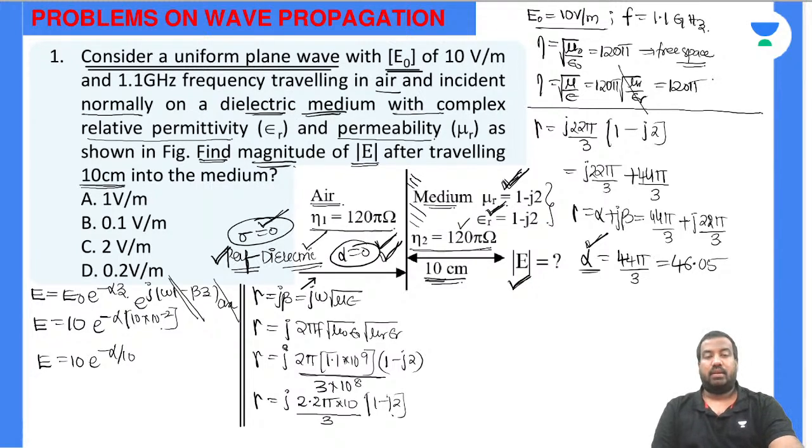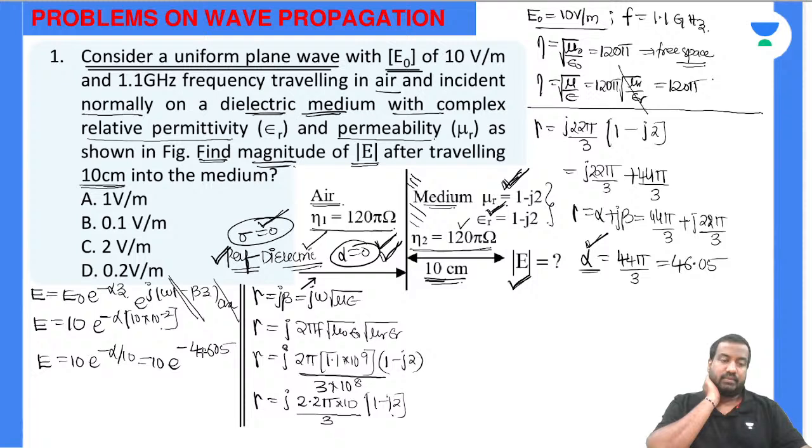Substituting alpha value as 46.05, this is 10 times e power minus 46.05 by 10, which is minus 4.605. Calculate and tell me. 10 into e power minus 4.605 first.